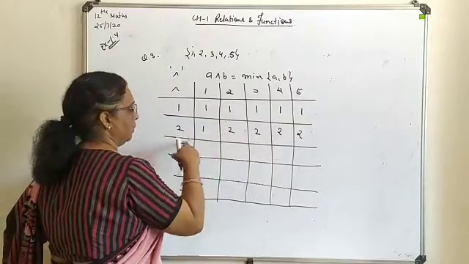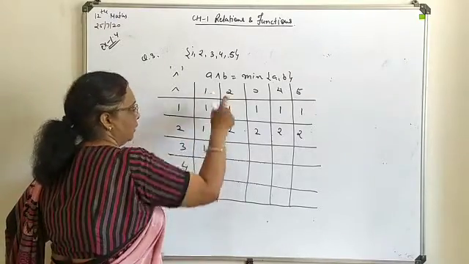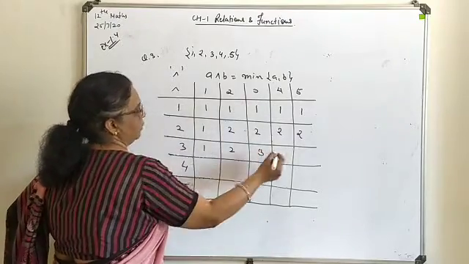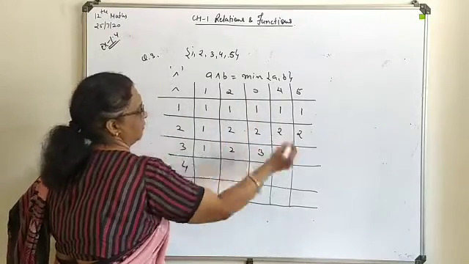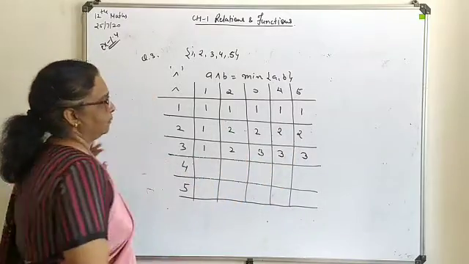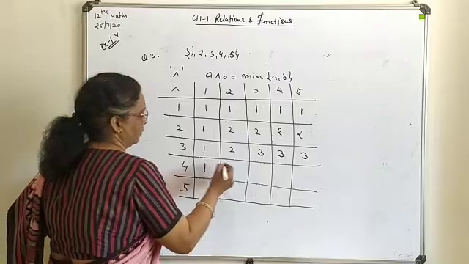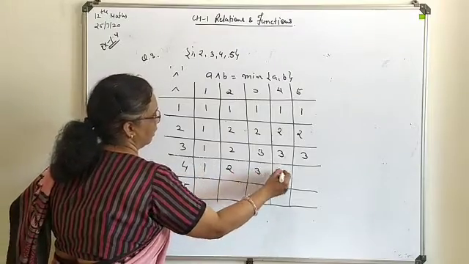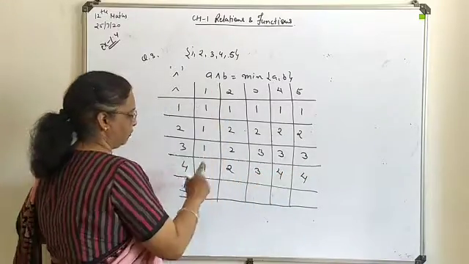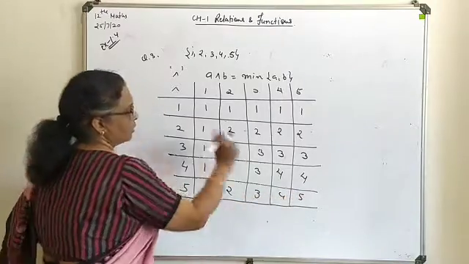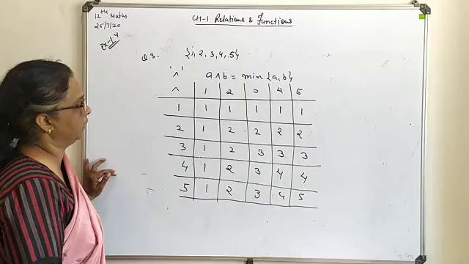Minimum of 3 and 1 is 1, 3 and 2 is 2, 3 and 3 is 3, 3 and 4 is 3, 3 and 5 is 3. Fourth one: 1, 2, 3, 4, 4. Fifth one: 1, 2, 3, 4 and 5. This way your table will be complete.